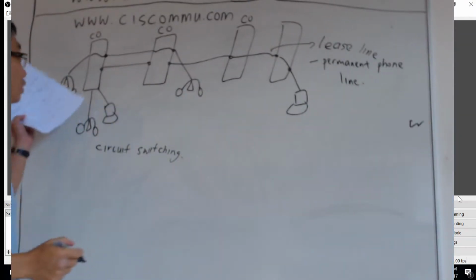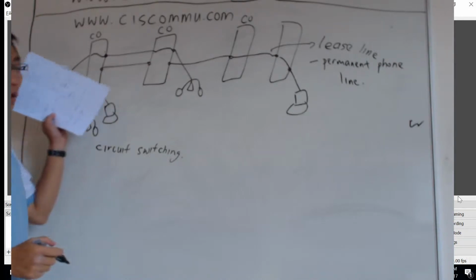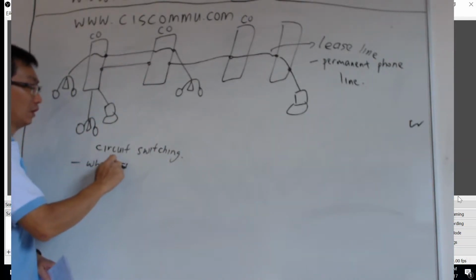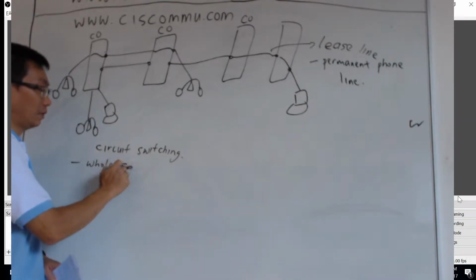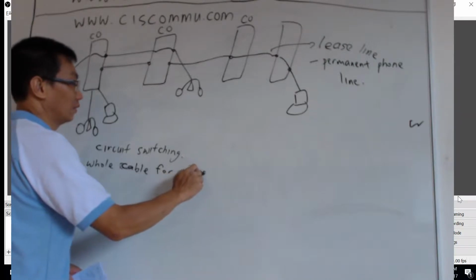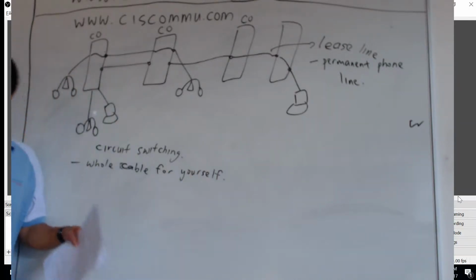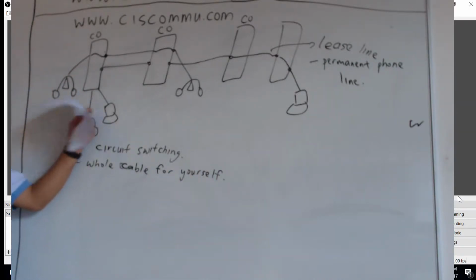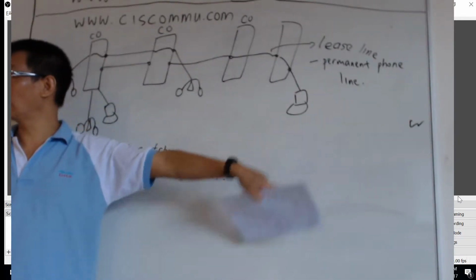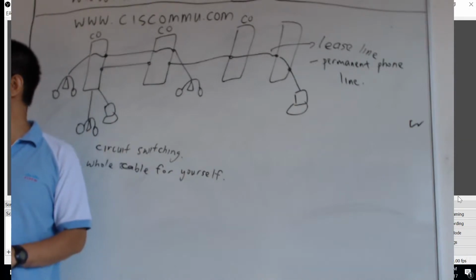So in circuit switching, you have the whole circuit for yourself, the whole cable. That means you have one cable from this computer all the way to the end computer. Is that clear?